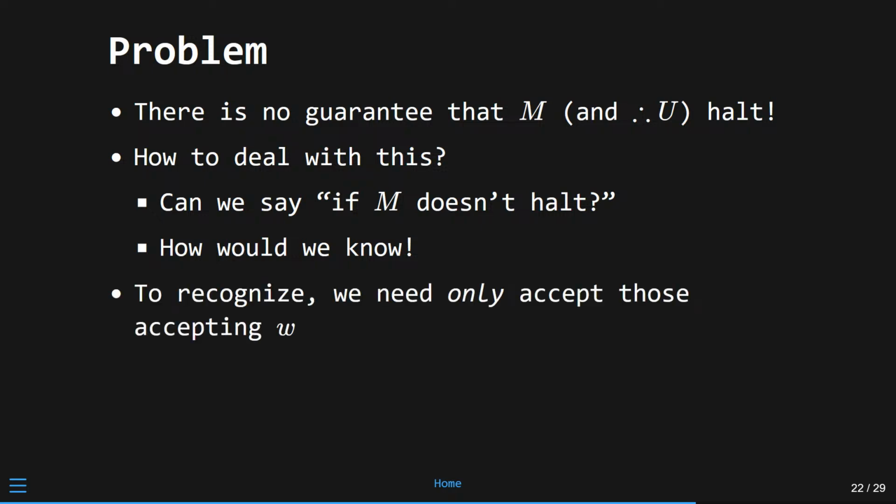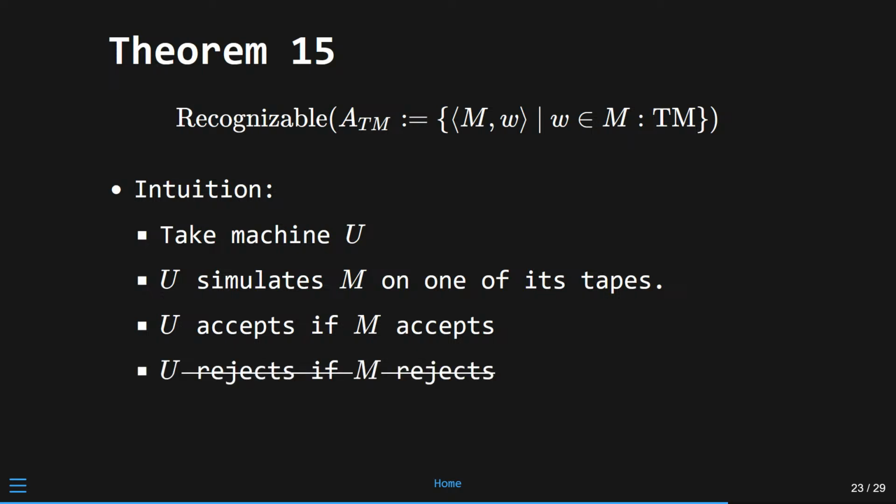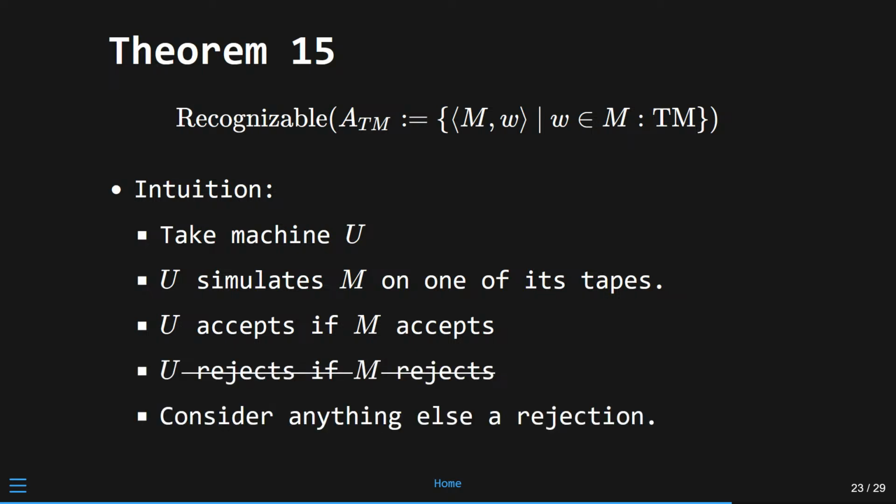We're writing a recognizer, not a decider, so our simulating machine doesn't have to halt. That's the weaker claim. The only thing we do is we accept from U if we accept from M, and then we make no claims otherwise. So it doesn't matter if U ever halts. We're just going to write it this way. We're not going to say U rejects if M rejects.